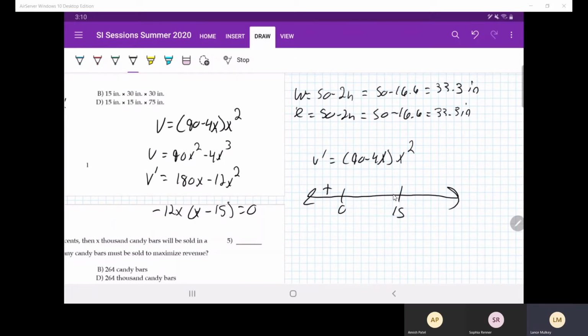You plug in 10, 90 minus 40 is positive, and 10 squared is positive. And let's say you plug in a number greater than 15. I may have done that completely wrong. That's still positive.